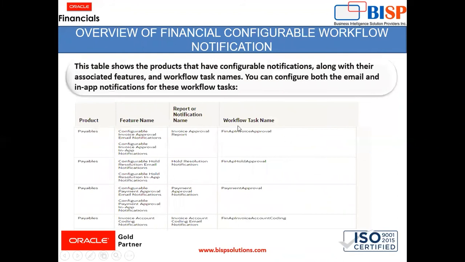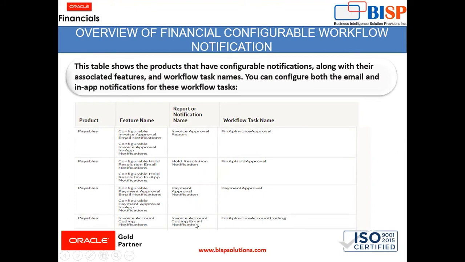Now here are some examples of the products in payables for which you get both email and in-app notification. In-app notification is nothing but the bell icon in the global header which we have seen in the previous slide. So under payables, these are the reports like invoice approval report, hold resolution notification, payment approval notification, invoice account coding email notification.